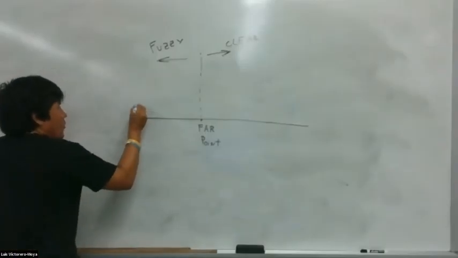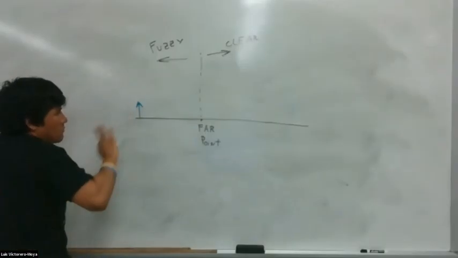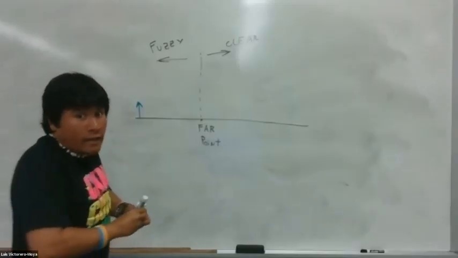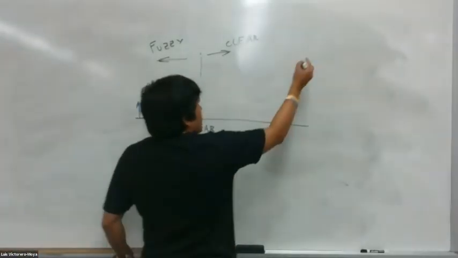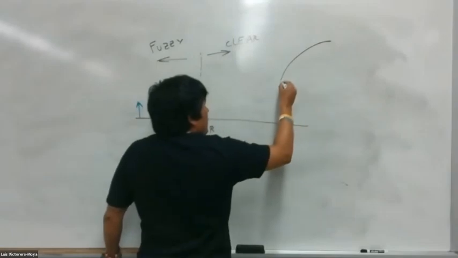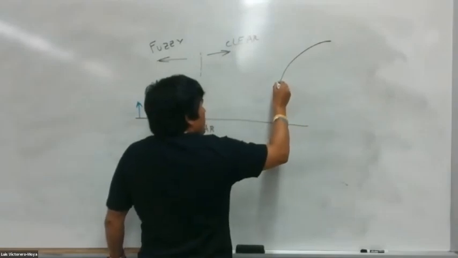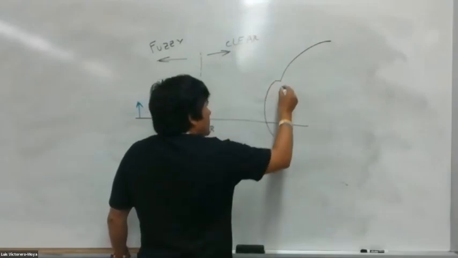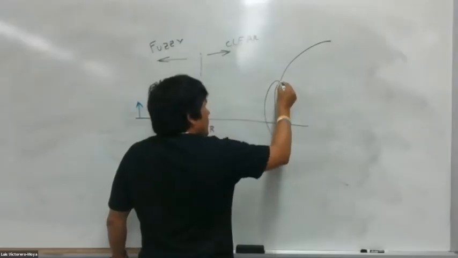Unfortunately, you always want to have objects that are in different positions. So your eye comes like this, and then we can exaggerate like this. So this is your cornea here.